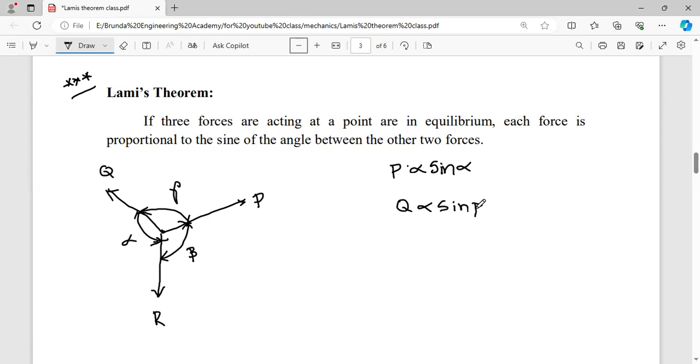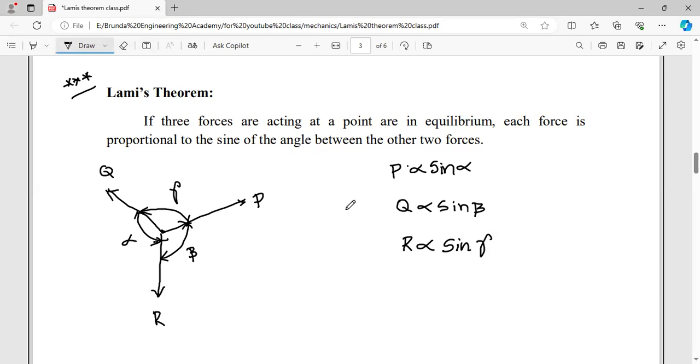That is beta. Then Q is proportional to sine beta. Next, coming to the third force R, the other two forces are P and Q, and the angle between P and Q is gamma. R is proportional to sine gamma. So from this, we can write.